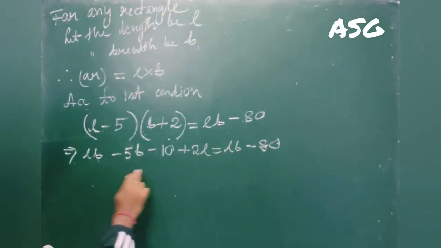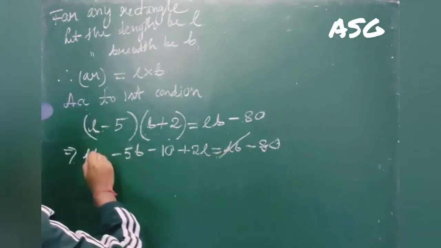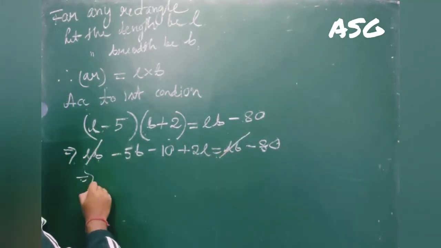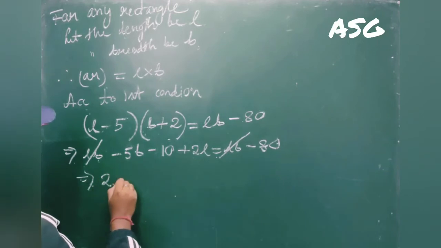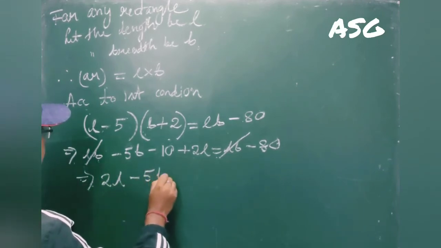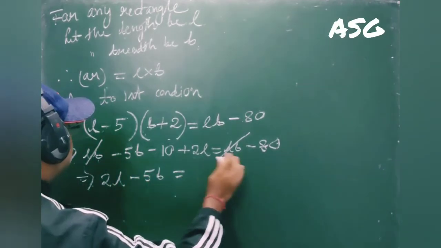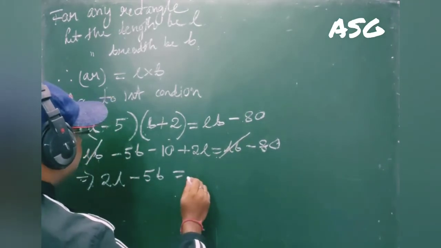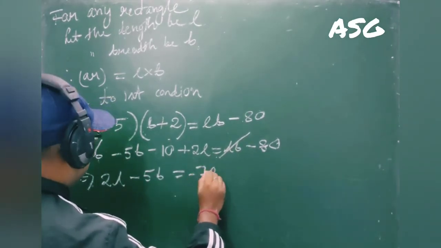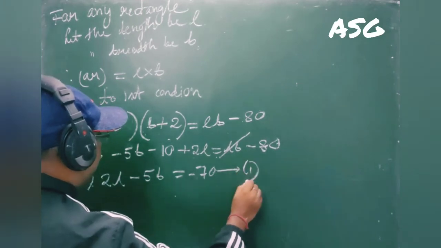See, this side also LB, this side also LB, LB cancel. So what we are getting is 2L minus 5B equal to minus 80. This one goes this side, will be plus 10, which is minus 70, which is your equation 1.